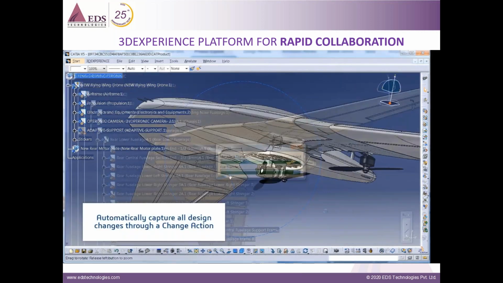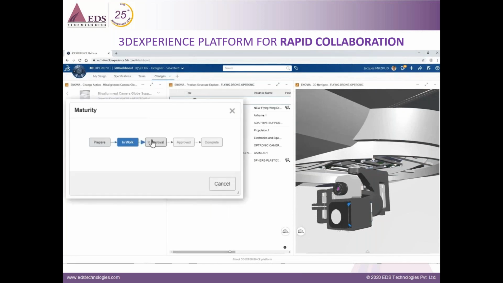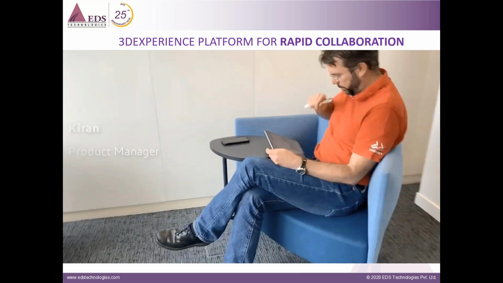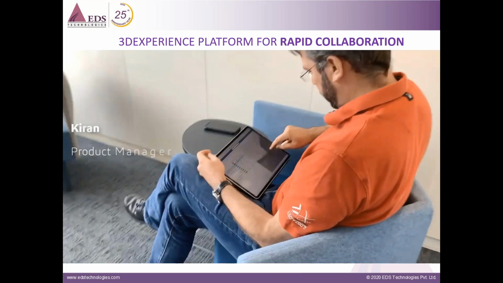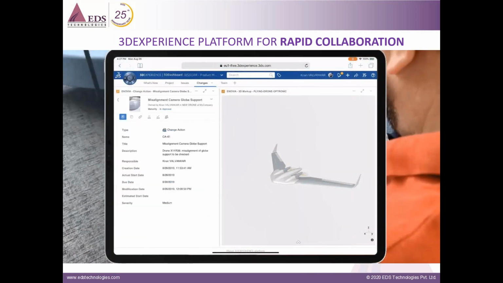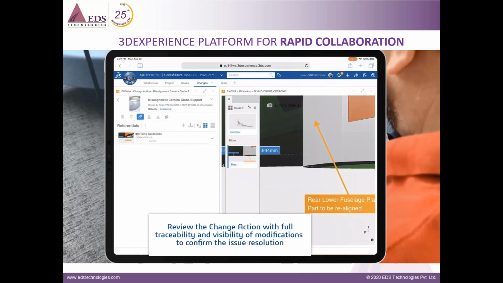Jacques is now done and simply triggers the next stage of the change process. Kieran reviews the design changes. He verifies his recommendations were followed using powerful data analysis experiences.